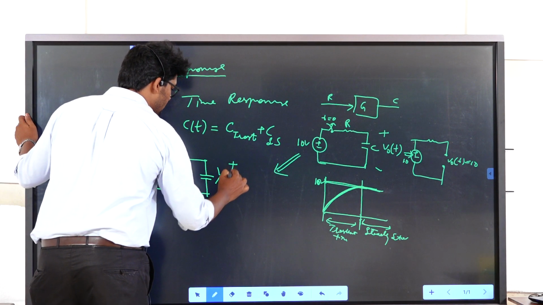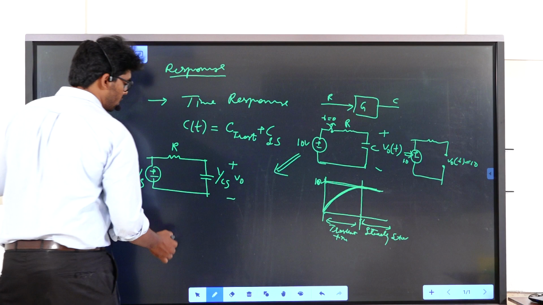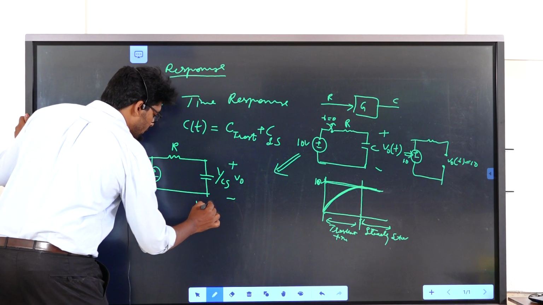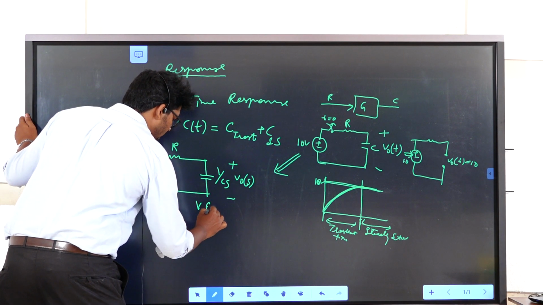I want to see the response across the capacitor, V0. Therefore, I can write V of S by the voltage division rule.